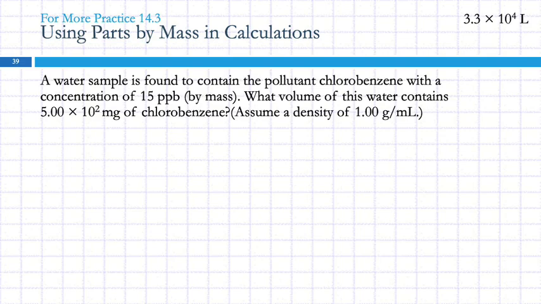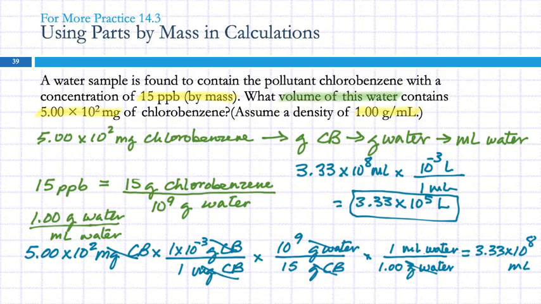3.3 times 10 to the 4, that's not what I came up with. What went wrong? Let me try that again. 5 EE 2 times 1 EE -3 times 1 EE 9 divided by 15. Well, I probably counted wrong.